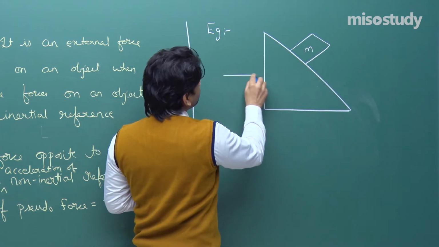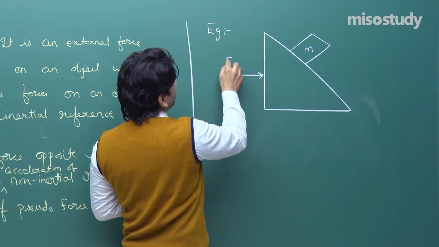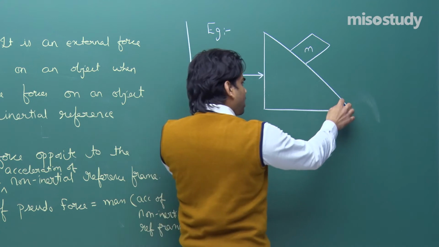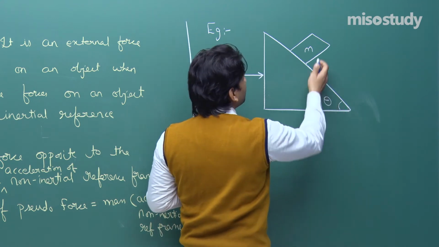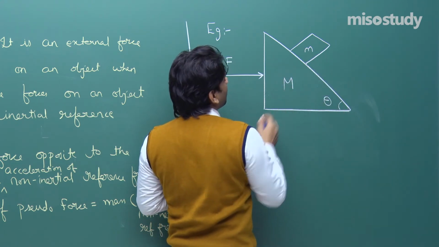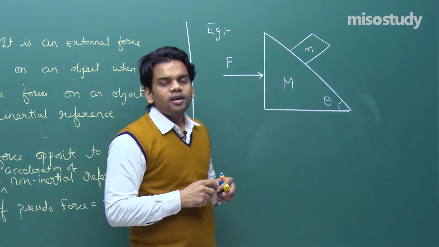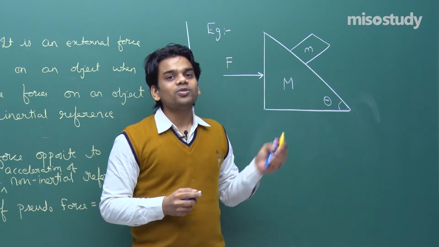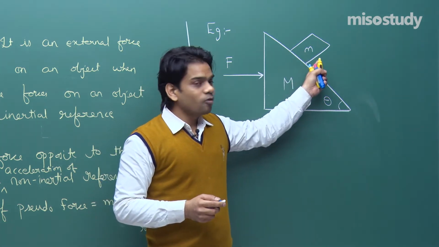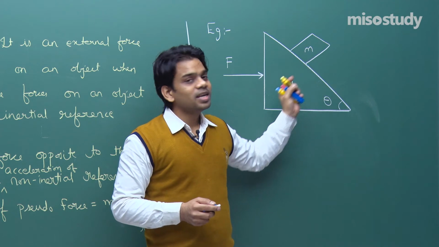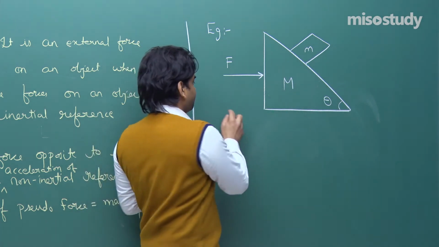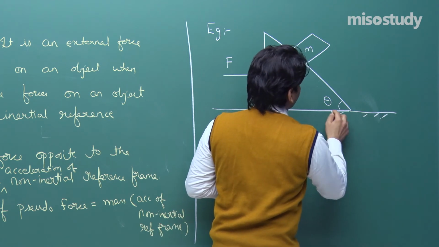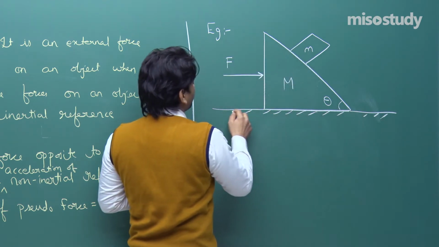Now, a force F is applied, and the angle of inclination is given as theta. This is small m, this is capital M. It has been asked, find F if the block of mass m is at rest.